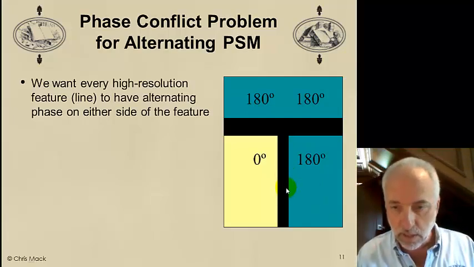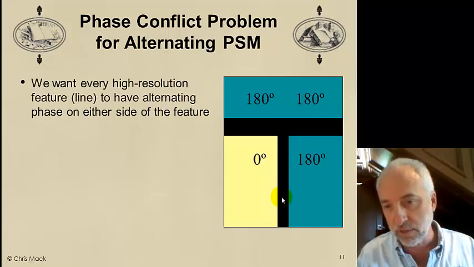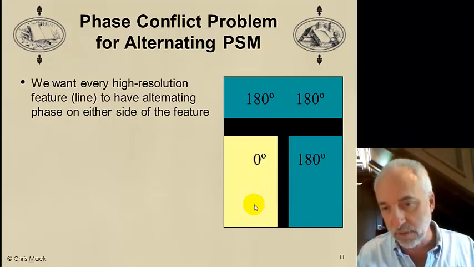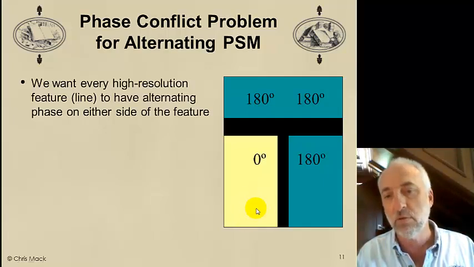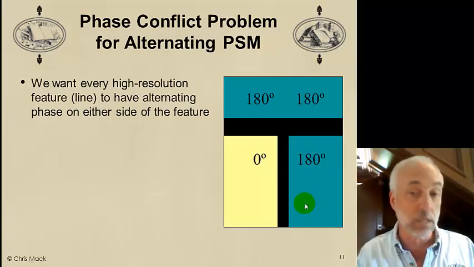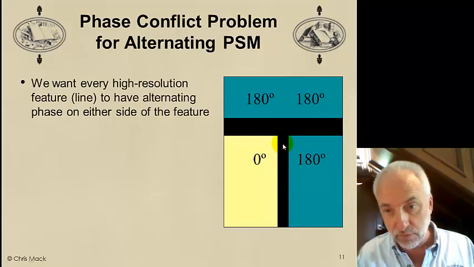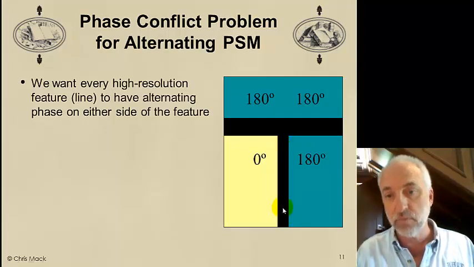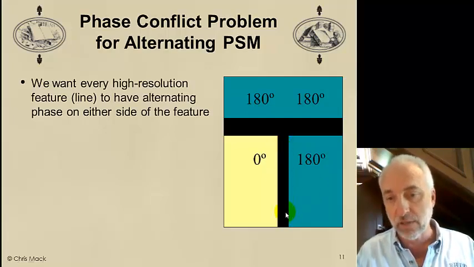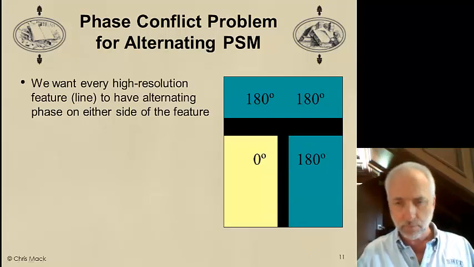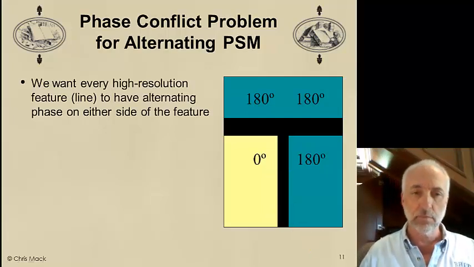In other words, this line will have a nice high resolution, good depth of focus, because I have 0 degree shifting of the light coming through the glass on this side, and 180 degree phase shifting of the light coming through on this side. And when the light leaks underneath this dark line, the light cancels out, and so it stays dark, and I get good imaging.